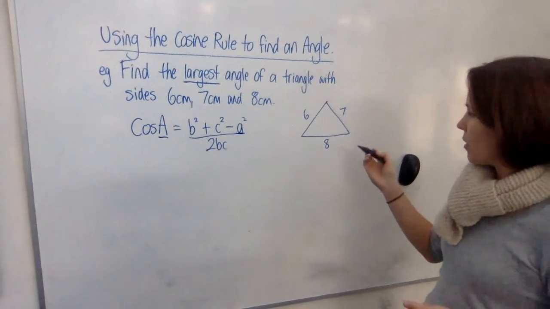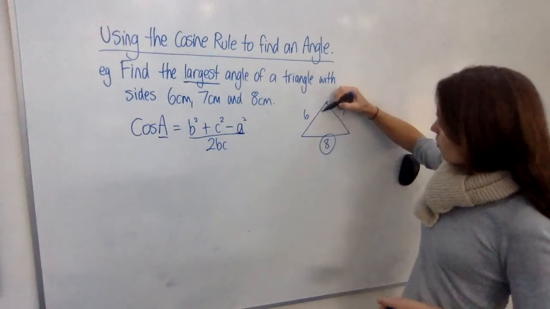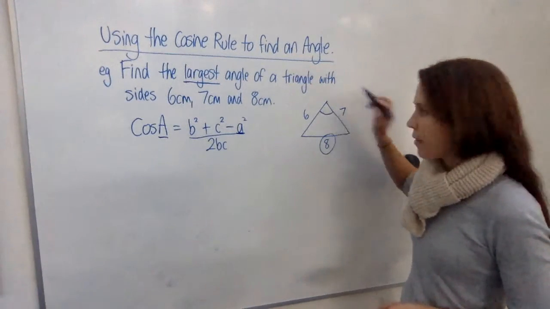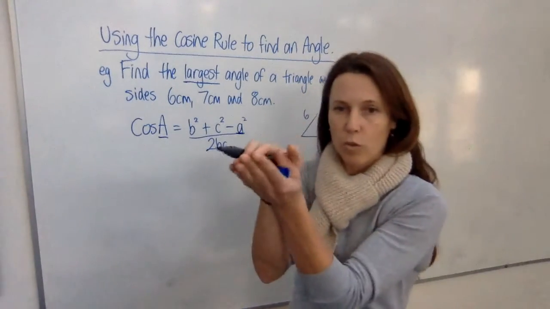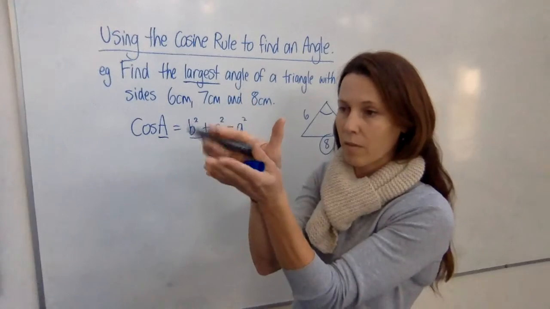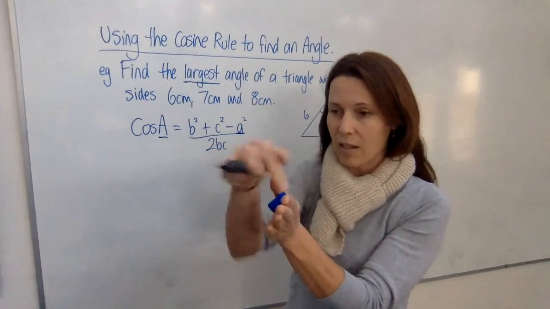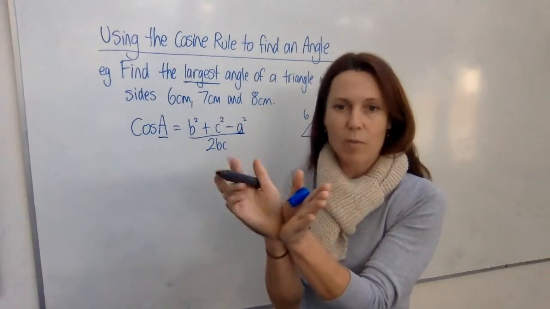So how do we tell? Well, the biggest side is always opposite the biggest angle, okay? Now, that makes heaps of sense. If you imagine two sides, any two sides, like jaws, and they're going to open not very wide or very wide. The bigger the side that the angle is opposite, the wider those jaws have to open, don't they?